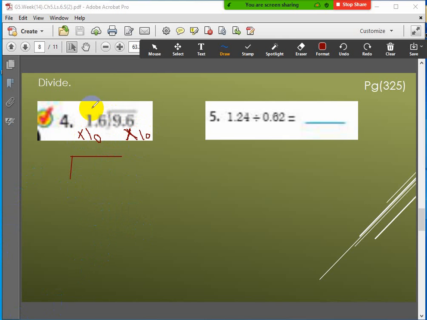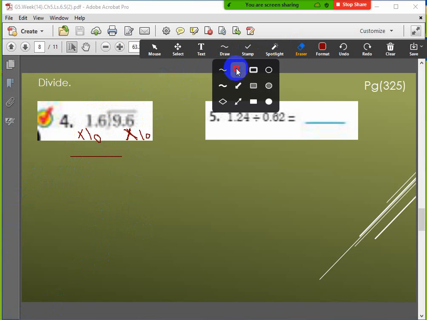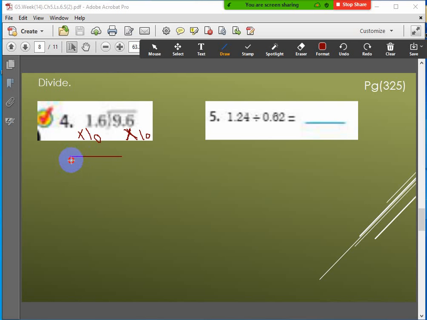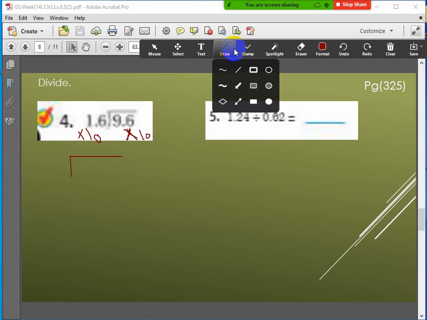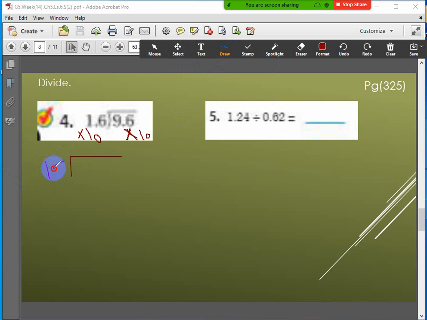So 1.6 times 10 equals what? Equals 16. Very good, girls. So the divisor becomes a whole number. What about the dividend also? I will move the decimal point to the right, one digit, so it will be 96. It will be very easy to divide the numbers now.